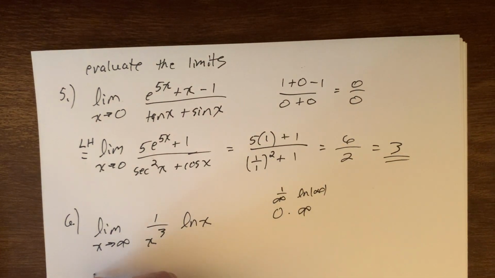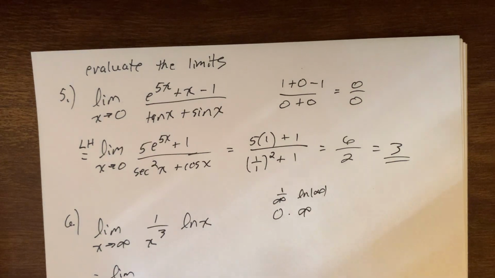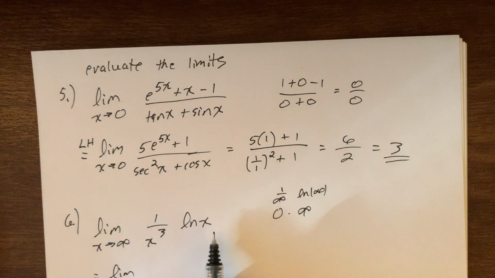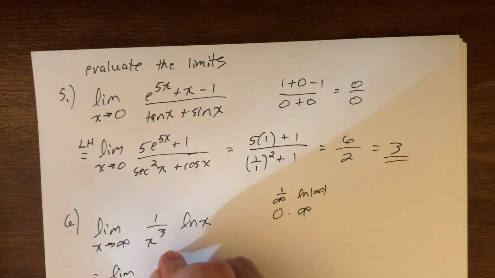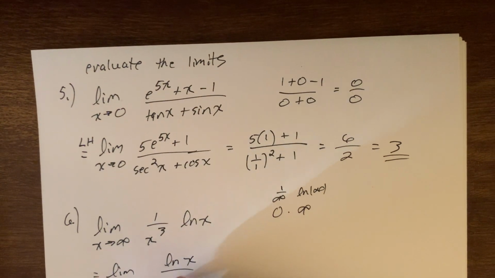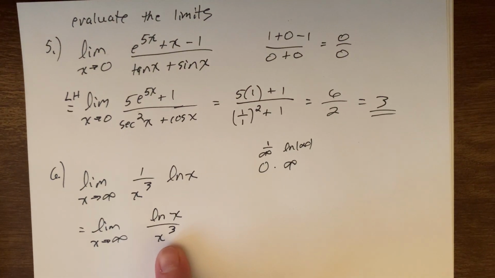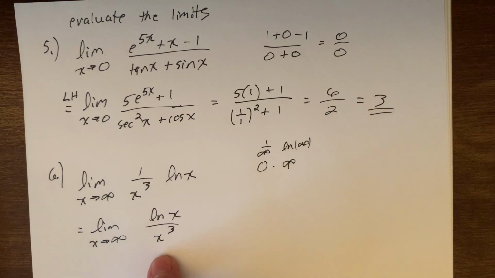Well, maybe you're realizing I'm being a little foolish in this first one. How do you change this into a fraction? Well, why don't we just multiply it out? 1 over x cubed times log of x, well, that would just be log x over x cubed. It's only a very, very subtle change from here to here, but now all of a sudden we're looking at a fraction.